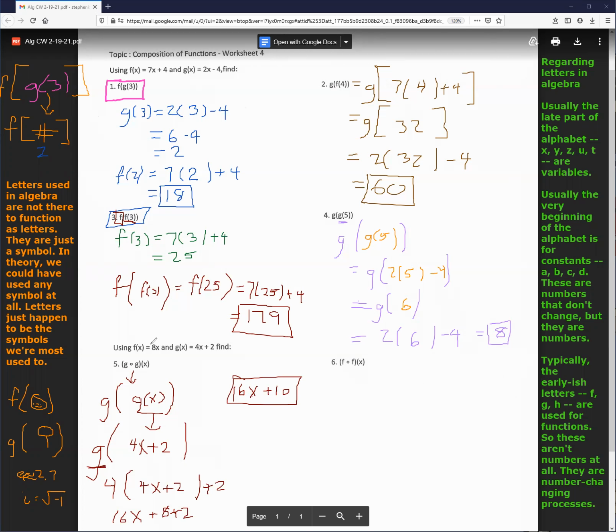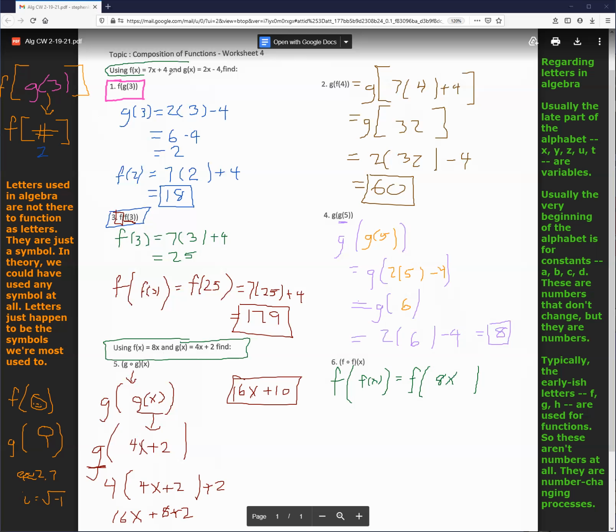All right, f of f of x, same idea. So we're going to treat this as f of f of x. Okay, well, what is the internal f of x? It's just plain old f of x, so it's 8x. Keep in mind, of course, that these two questions are using a different set of f and g, right?